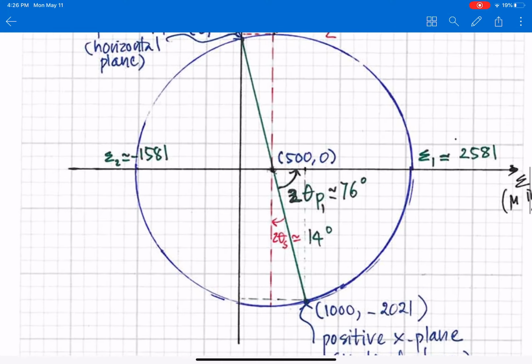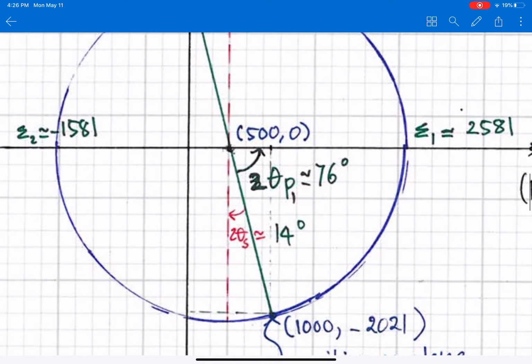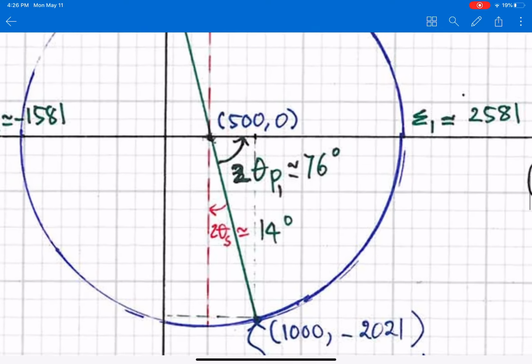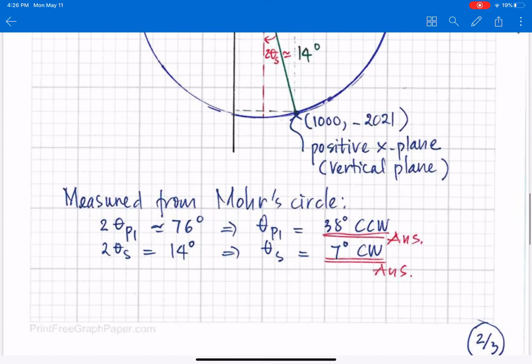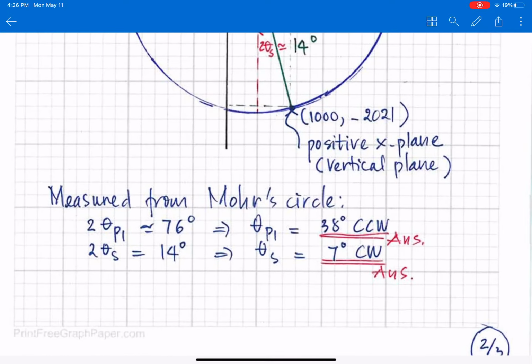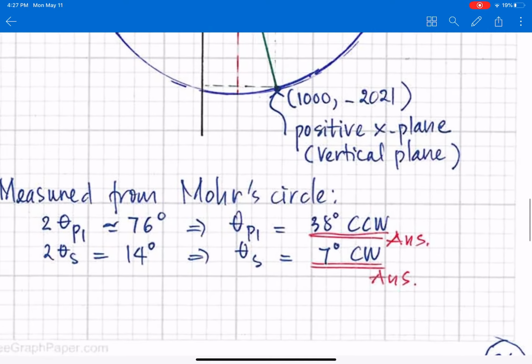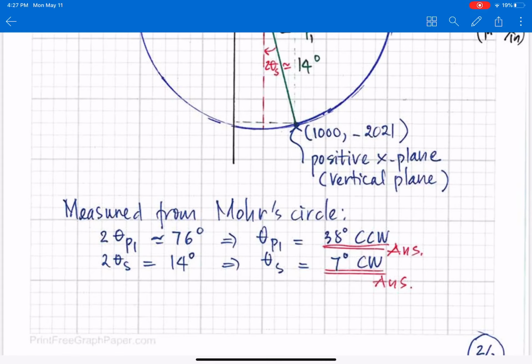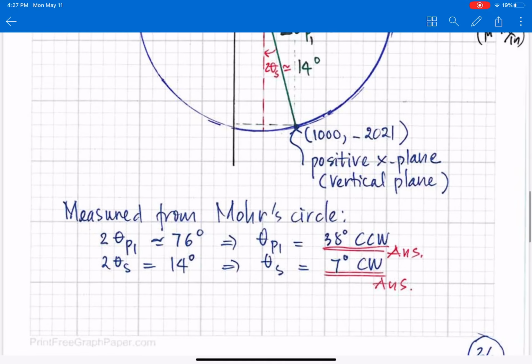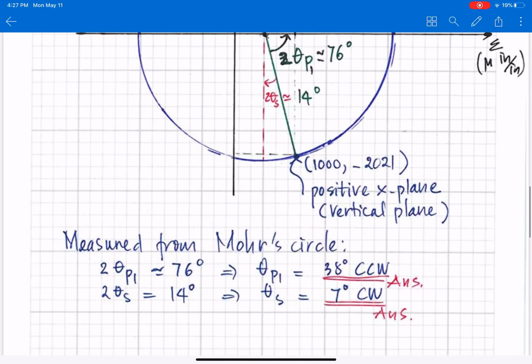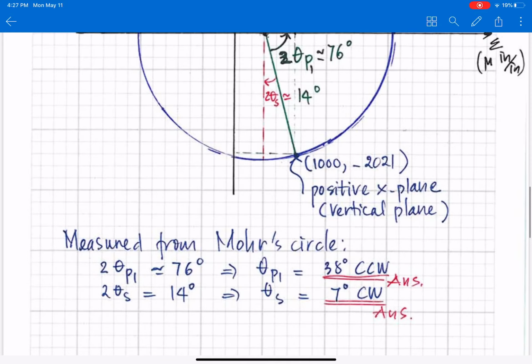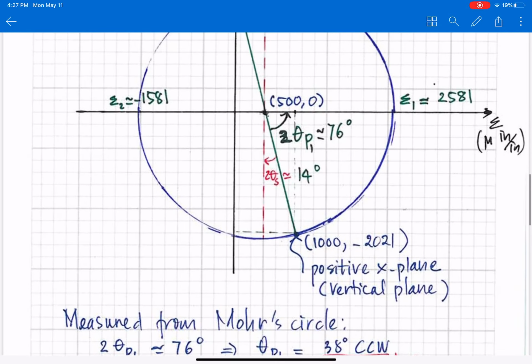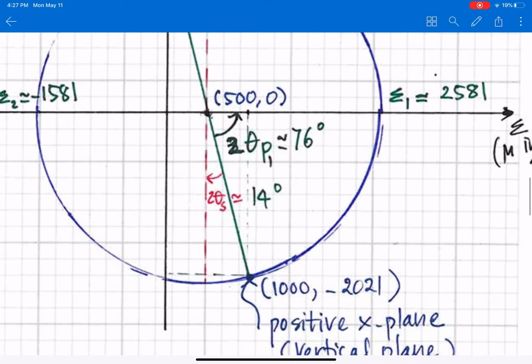And of course we can find theta p1, theta p2 with your protractor. Use your protractor, we can measure it about that. So we can find out which plane from the positive x-axis is the principal plane, theta p1 equal to 76.